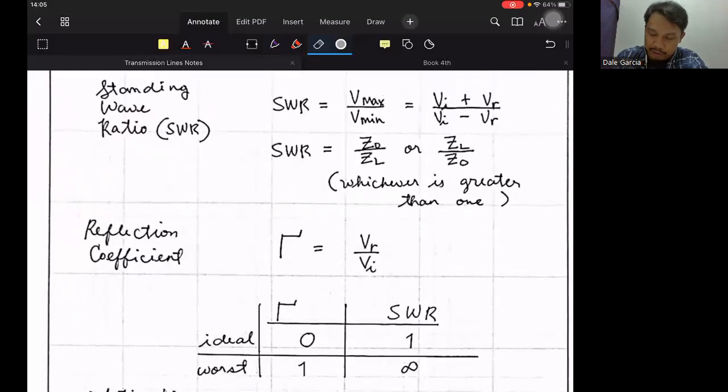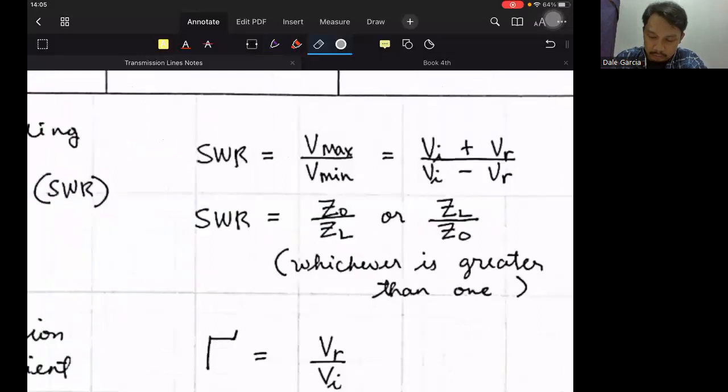It might be difficult to measure practically. So SWR could be measured using ZL and ZO, by dividing them, ZO and ZL, or vice versa. It's the same as long as you use whichever gives a value greater than 1.